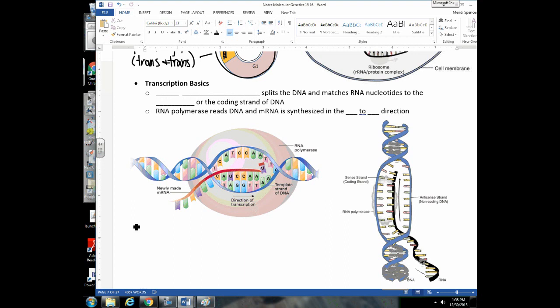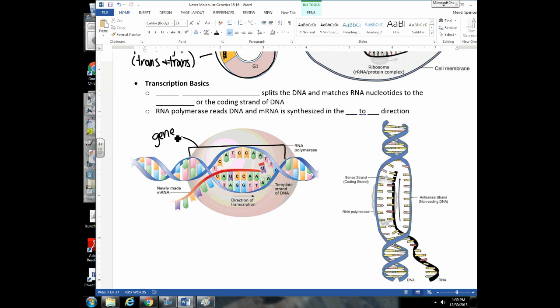So here I have a DNA molecule, and we can see that it is being transcribed. And just the gene, or the section of the DNA molecule that codes for this protein, is being transcribed. We are not unzipping the entire DNA molecule. That happens in replication.